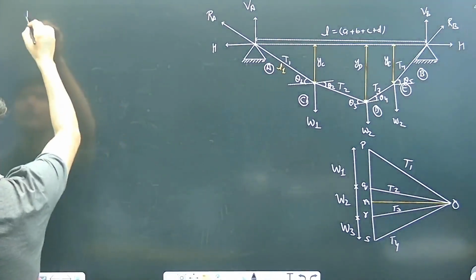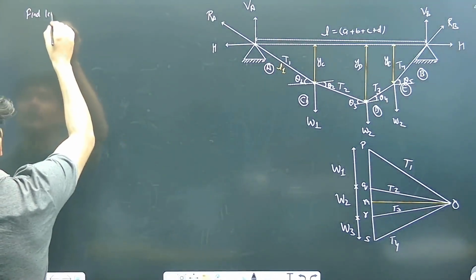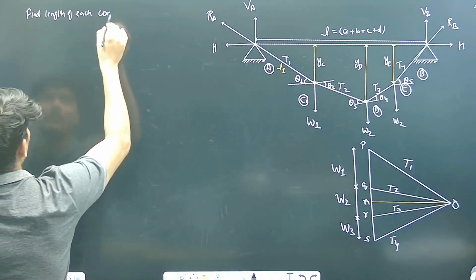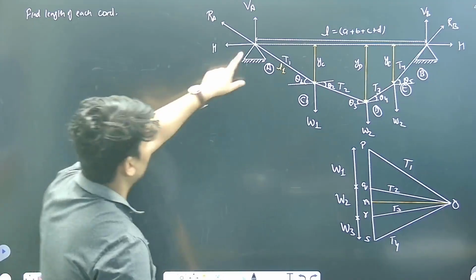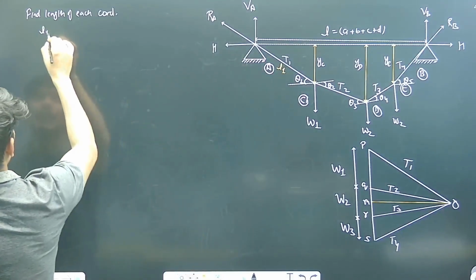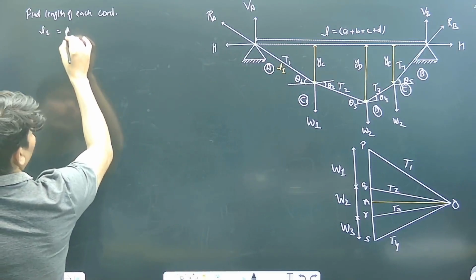नेक्स्ट स्टेप, फाइंड लेंथ ऑफ ईच कोड। ईच कोड का लेंथ निकालना है। जैसे L1 विच इज इक्वल टू व्हाट?